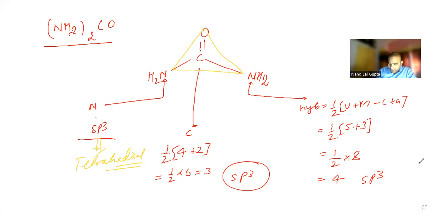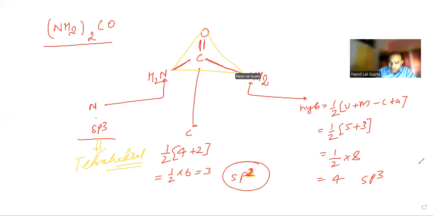No, carbon is not sp3, Arav. Carbon is sp2. Please clear it. Why sp2, Arav? See, oxygen is a double bond, so we are not considering it. How many single bonds are there? 1 and 2.